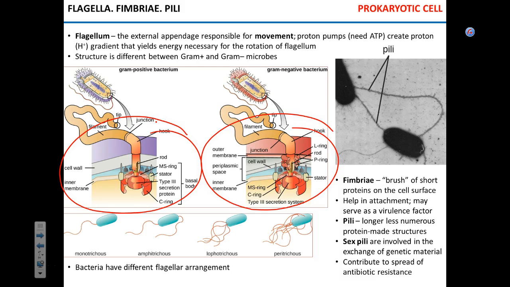Basically, in both gram-positive and gram-negative microbes, you have a rod that rotates, and the filament of the flagellum itself is attached to the rod via the hook.